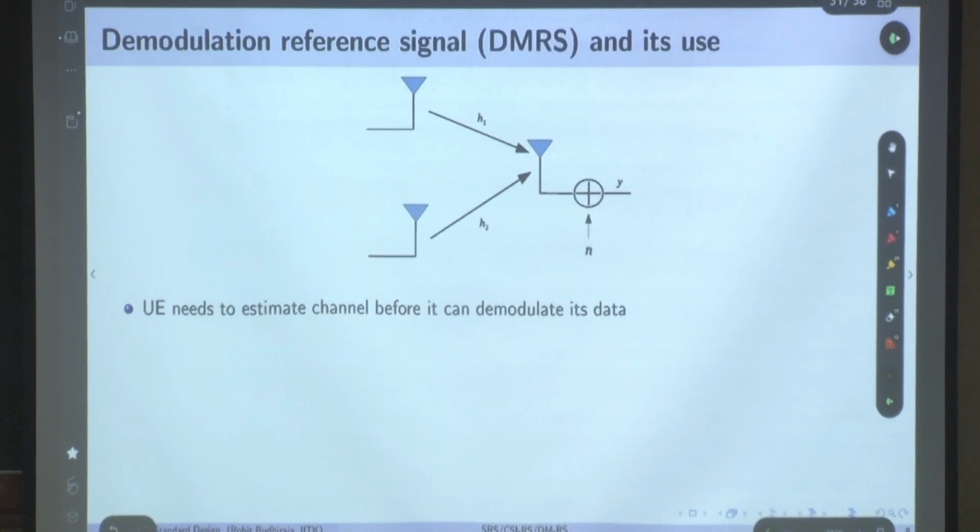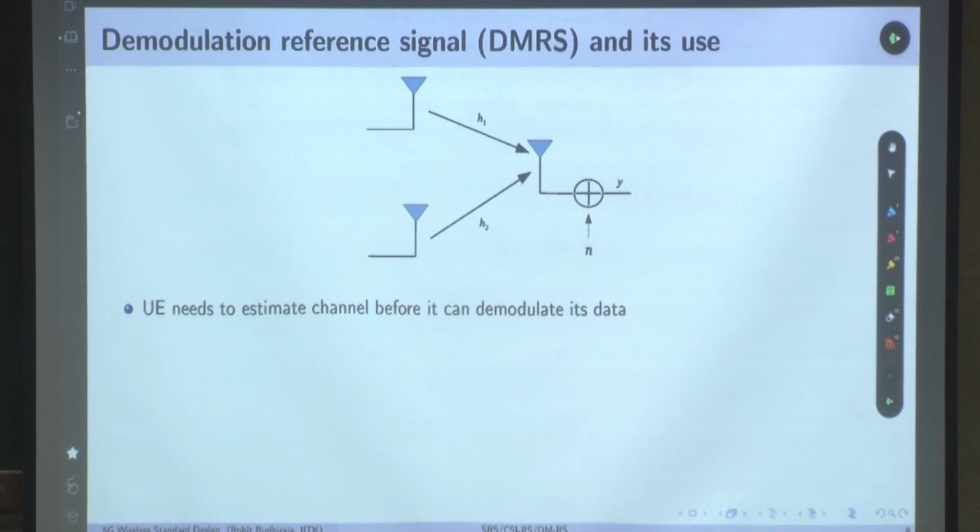Now what is this DMRS? In this case, it is also being transmitted in the downlink, but it is transmitted when PDSCH is scheduled. What am I saying here? CSI-RS was transmitted before PDSCH was being sent, before actual data was being scheduled. The job of CSI-RS was to help the user in estimating the MCS.